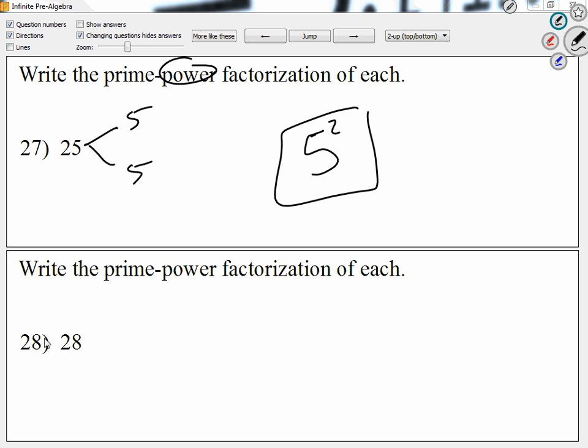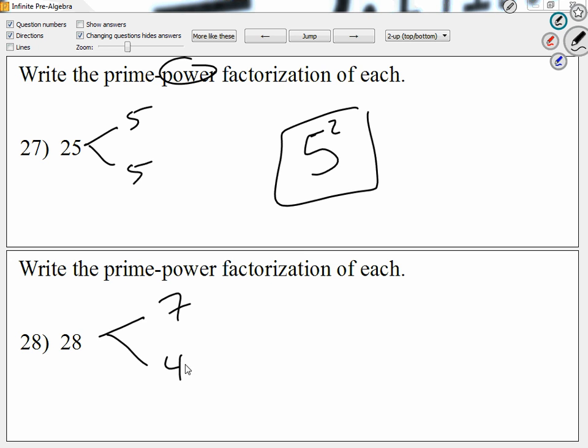Looking at number 28, give me any two numbers that multiply to 28. 4 and 8 is 32. 7 and 4, okay. Can we break down the 7? Well, 1 and 7, but that doesn't make it any smaller, so no. So 7 is already prime.